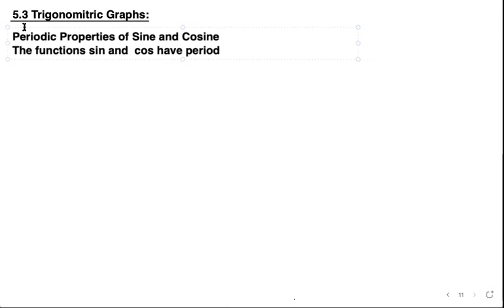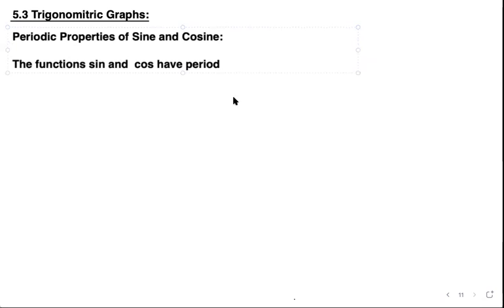So the sine and cosine functions have period 2 pi. This means every 2 pi the function repeats its values.